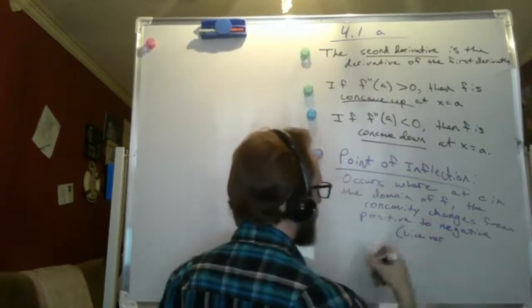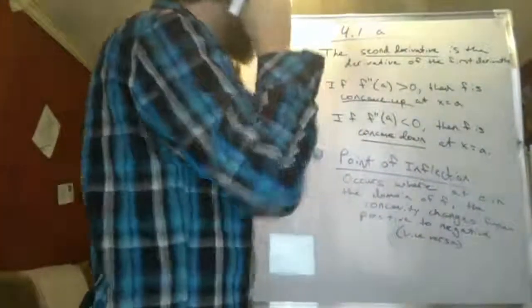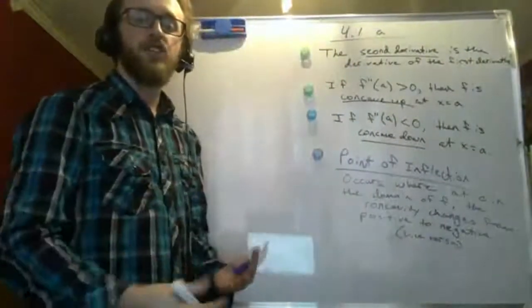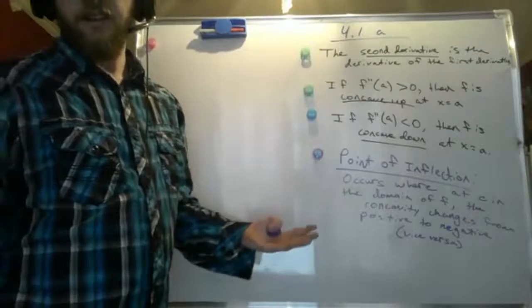It could be changing from negative to positive. Whichever the case is, the point is that to the left and right of this value C, the concavity is changing signs. So what else does that tell you?